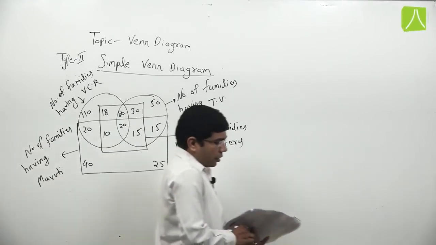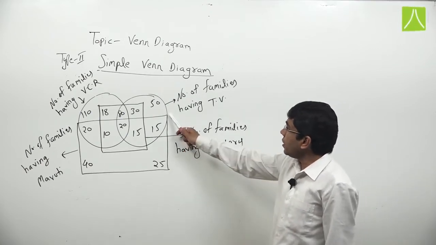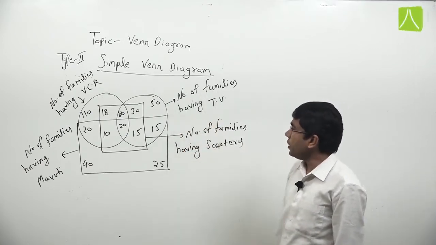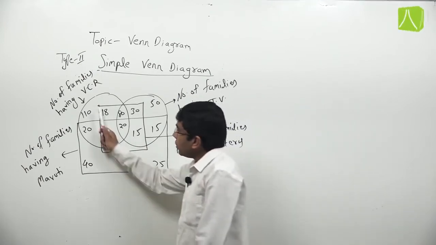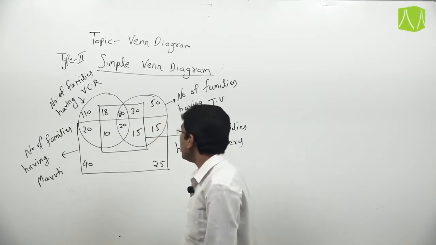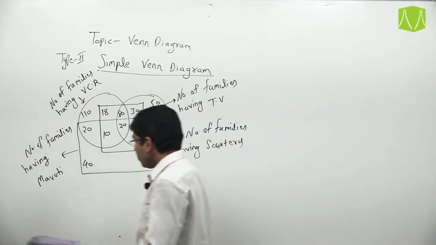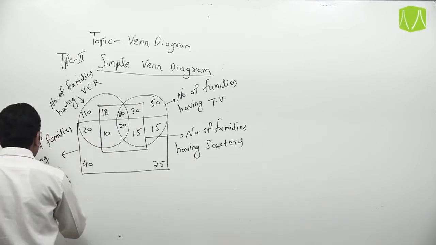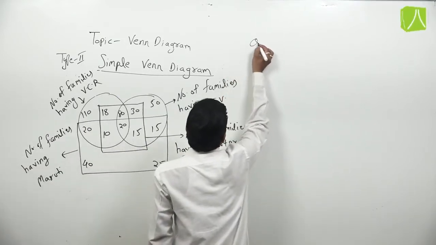Now here the Venn diagram is given that this circle represents number of families having TV, square denotes number of families having scooter, this circle denotes number of families having VCR, and rectangle denotes number of families having Maruti. Now we have given some questions on the basis of this Venn diagram.